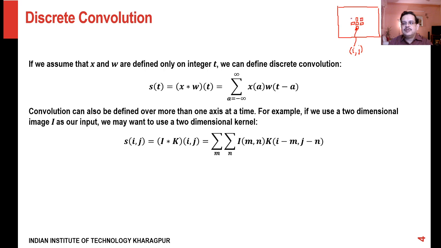So there are many pixels around it, and I may want to compute some function for the pixel in the middle, which is of our interest, by looking at the neighboring pixels around it, right?